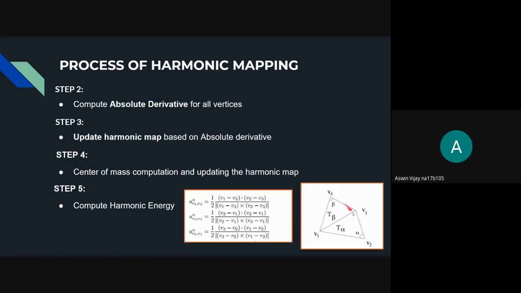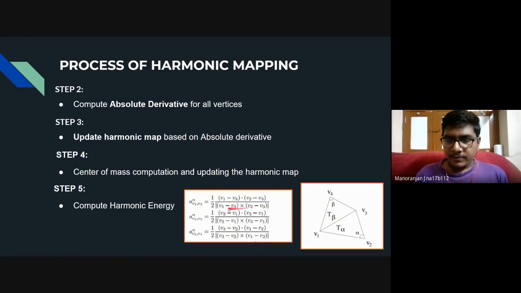Okay. If you take this panel, V1, V2, V3 basically represent each of the three vertices in this triangle, in this panel. So you'll be computing this for all the angles that you see here. But this KUV will be part of two panels.